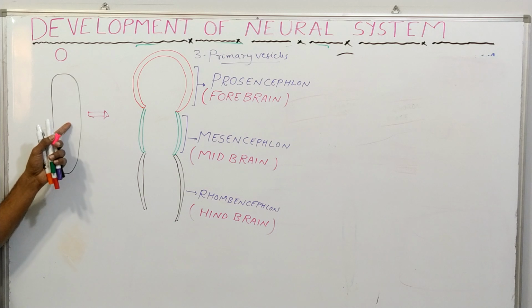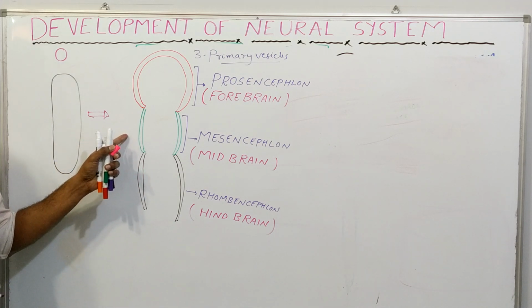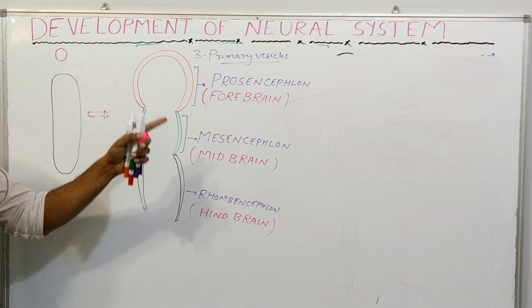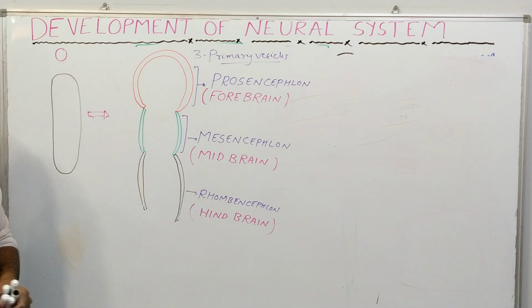See how the neural plate formation of three vesicles takes place, and you will see later on how the central nervous system development takes place.